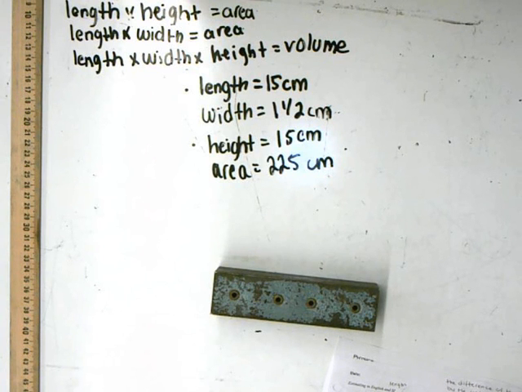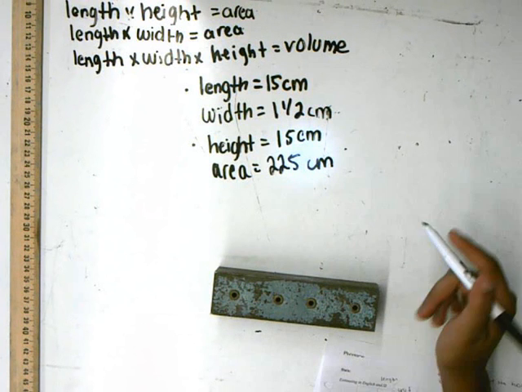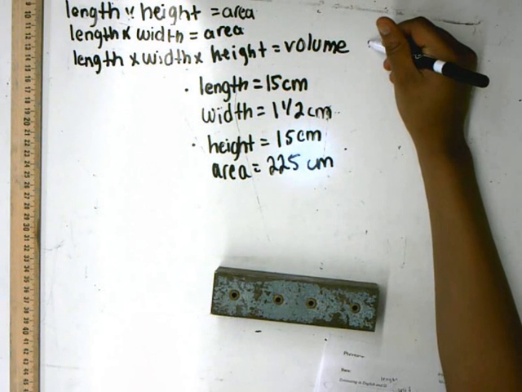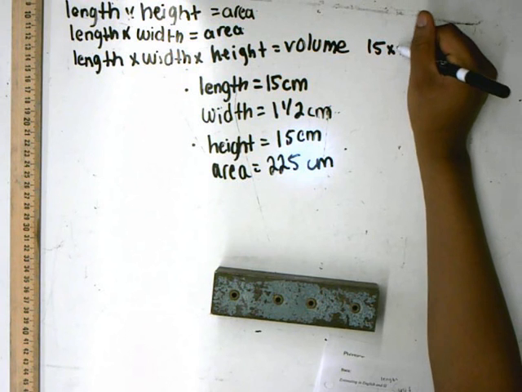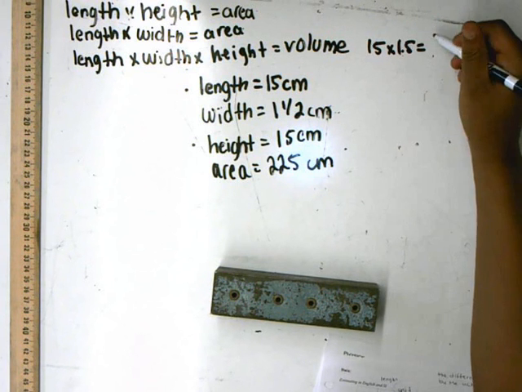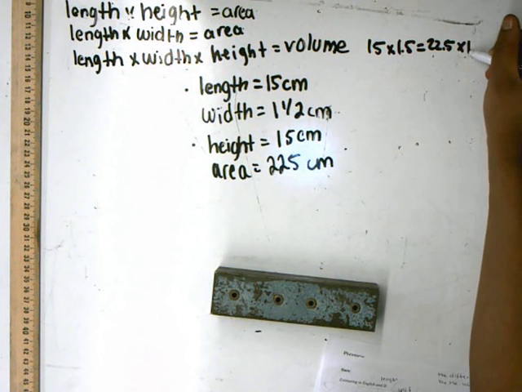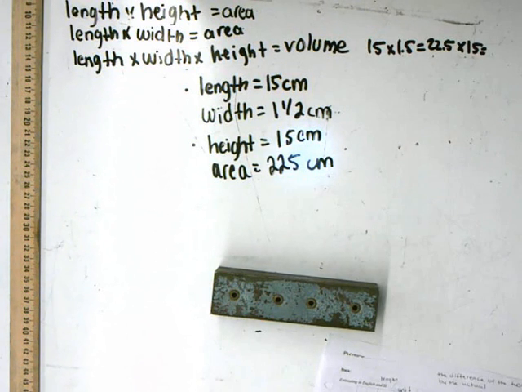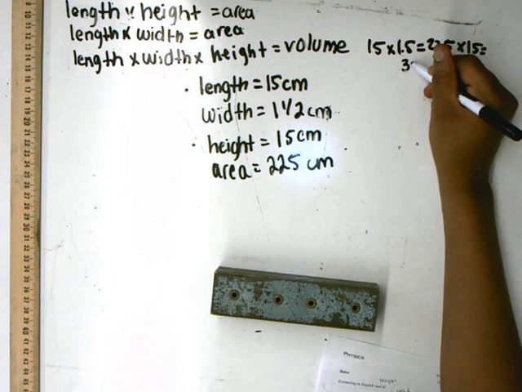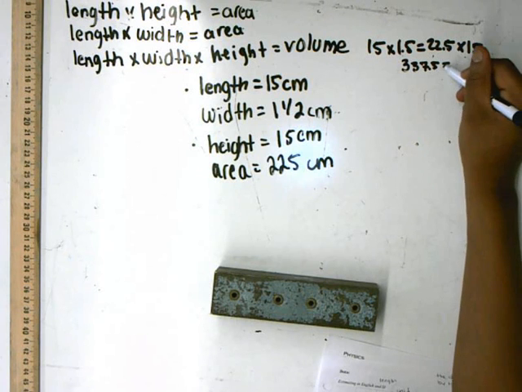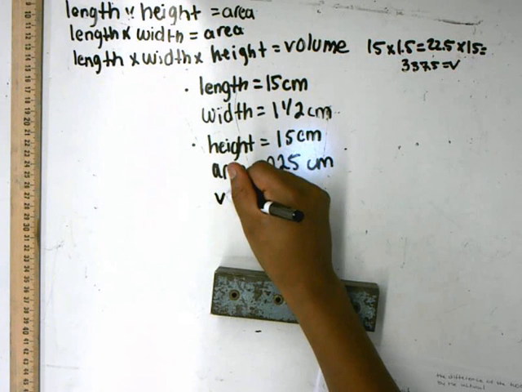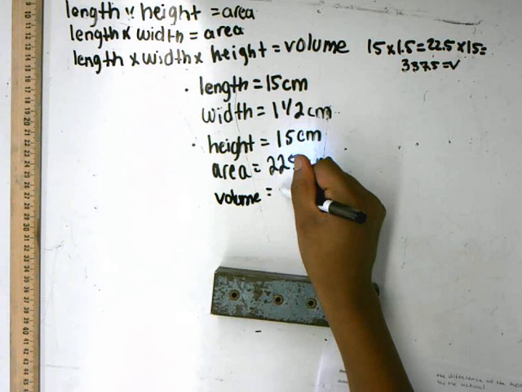So 15 times 1.5 equals 22.5, times the height of 15, equaling the volume of 337.5. Again, this is just an estimated guess of the object.